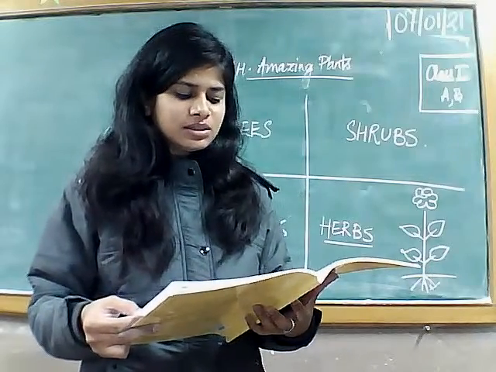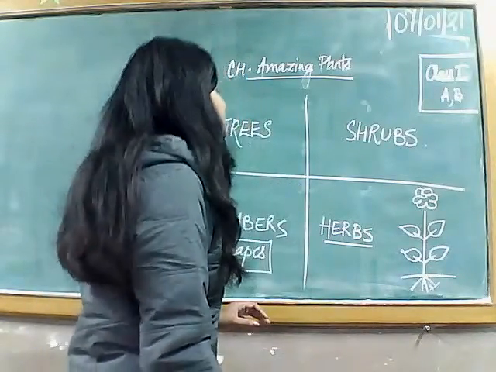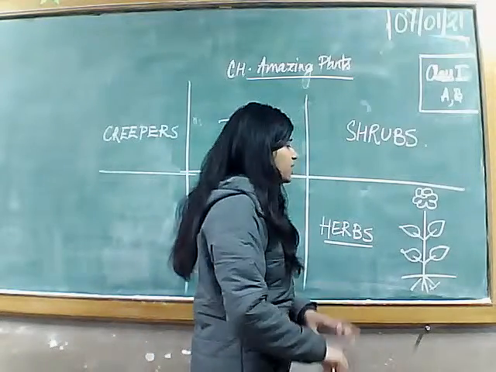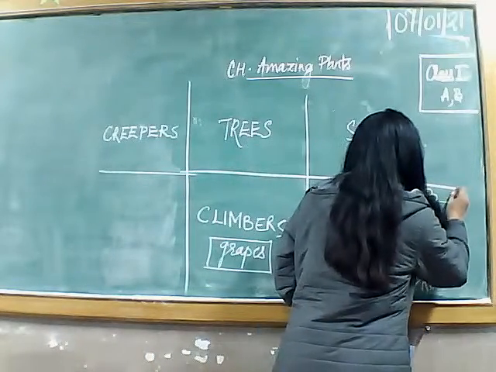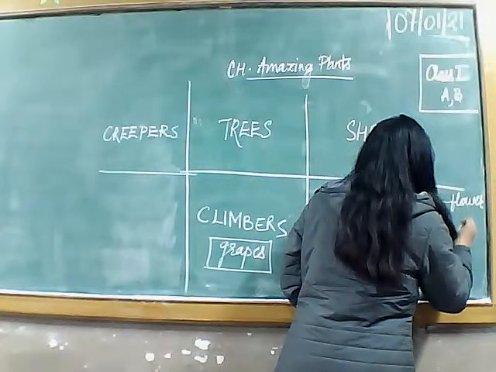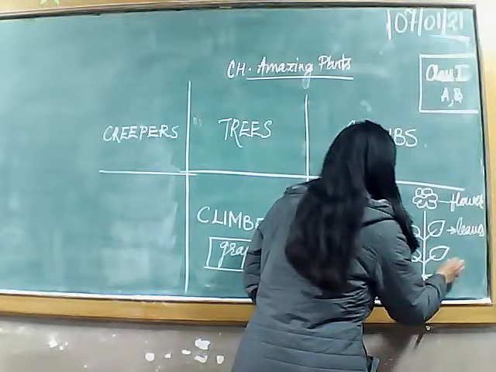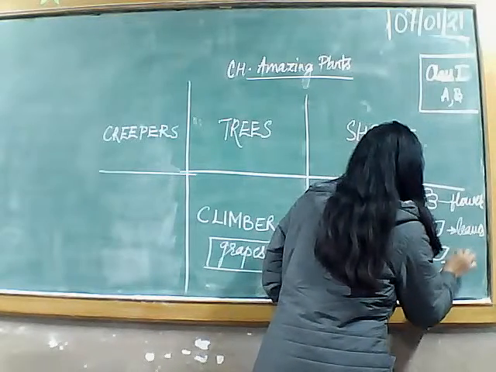We'll be discussing. Now, children, a leaf is a very important part of the plant. A plant will have flower, it will have leaves, and the important part, roots.